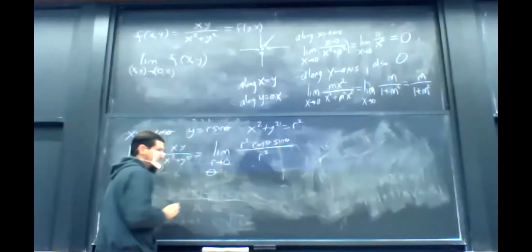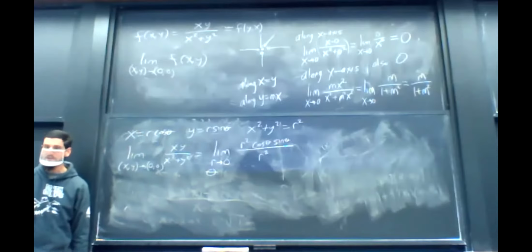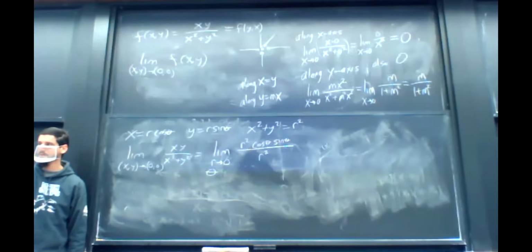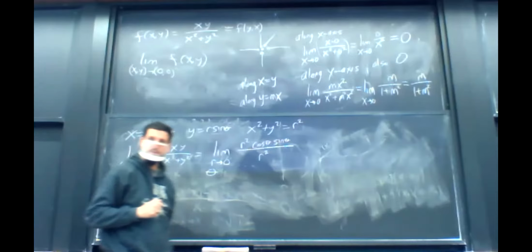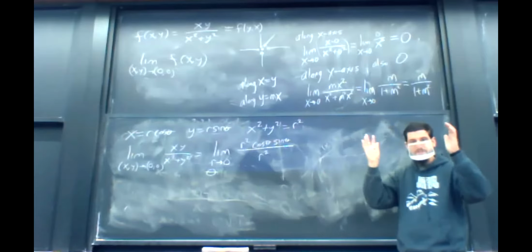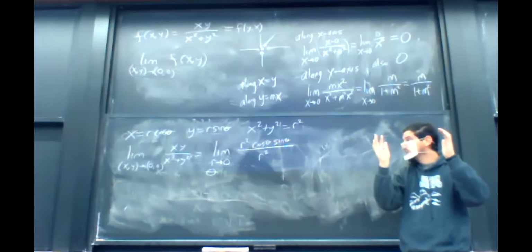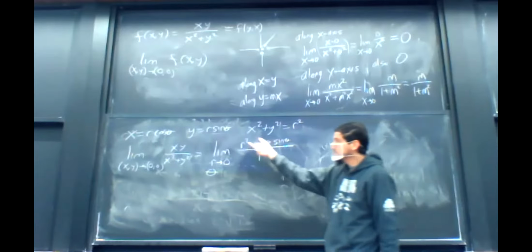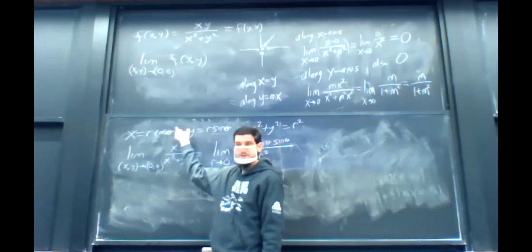And what about theta? Do I have any restrictions on theta, or is theta free? So if r goes to 0, will it still go to 0 no matter what theta does? Yeah, this is just giving you a point, r units from the origin.